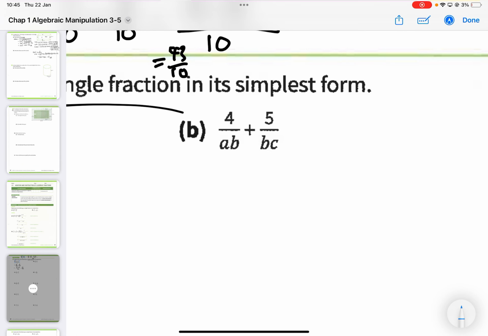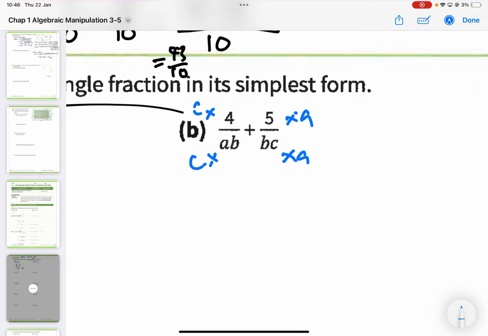First one is A times B. Second one is B times C. What do I want to make to become the lowest common multiple? Times C. If I have A, B, C, then both will be common already. So the first one, I times C. The other side, I times A. Because BC times A becomes ABC. AB times C becomes ABC. Then they will be the same denominator already.